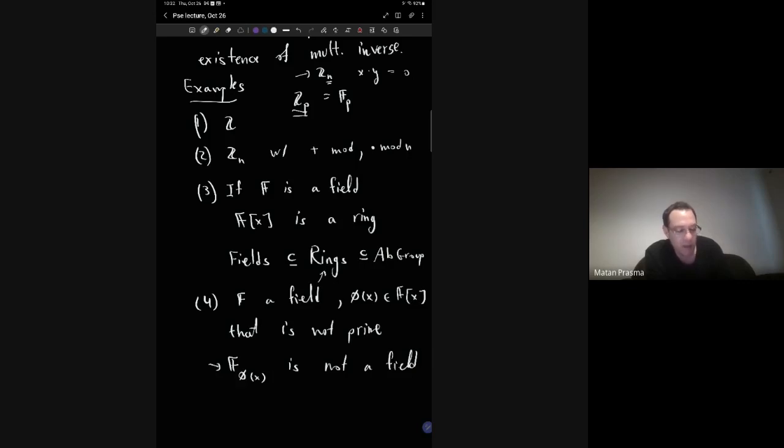So the only way that x times y will be 0 is if x is equal to 0 or y is equal to 0. It follows from the field axioms. And in integers modulo n, if n is not prime, then it is k times l for some k and l. And then k times l in Zn would be 0.